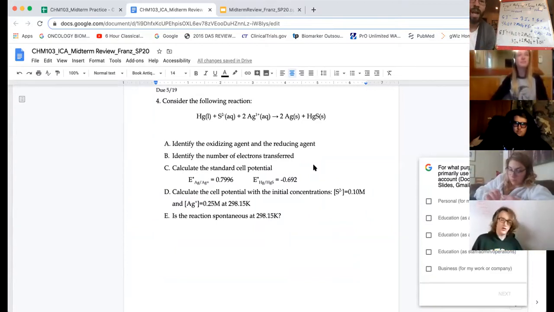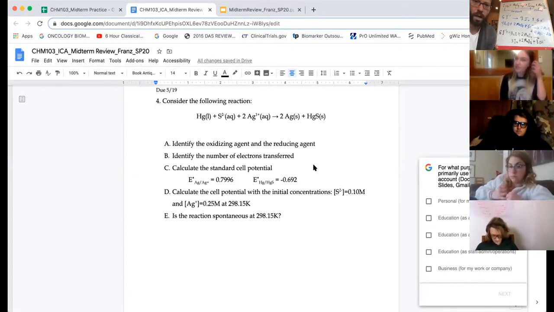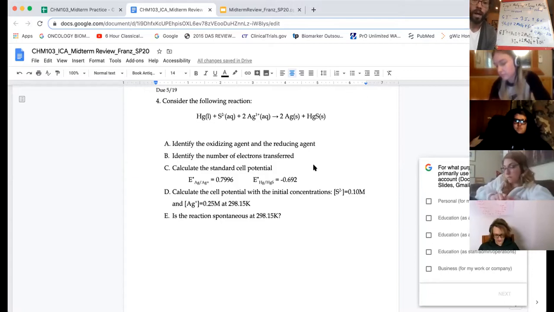And then calculate the standard cell potential, which is taking the EMF values for the 2 half reactions and subtracting them from each other. We got to know what's the cathode and the anode, or what's reduced and what's oxidized to figure that out. And then calculate cell potential with the initial concentrations that they give us. And from that, based on whatever that value is, we can determine if it's spontaneous or not at that given temperature.